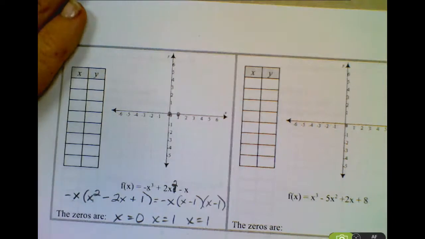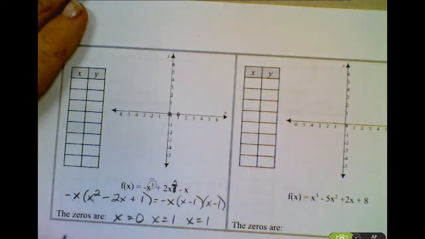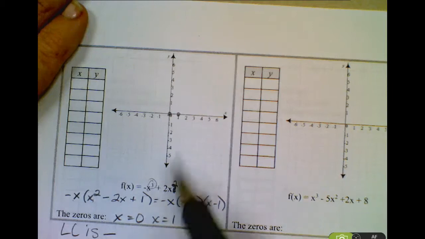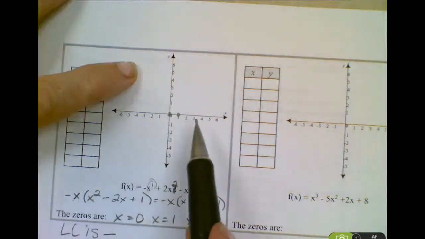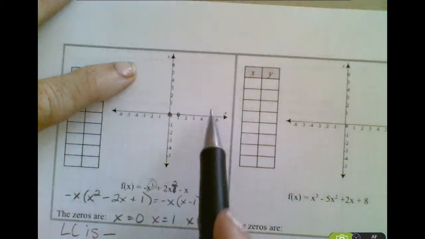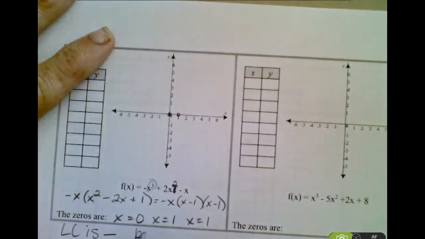Now we do know that it is still a third degree polynomial. Our leading coefficient is negative, right? Negative. So if we think of negative slope on just a linear equation, it would begin up, go down, then back up, and then down. So it begins up, ends down.